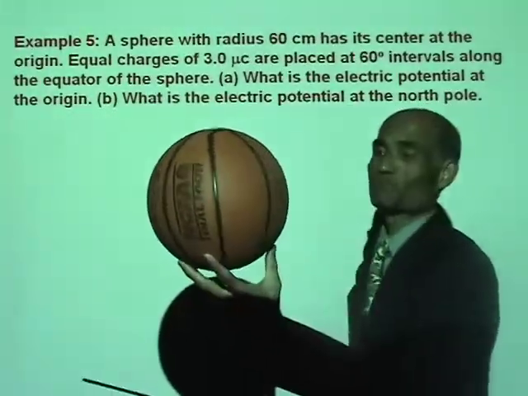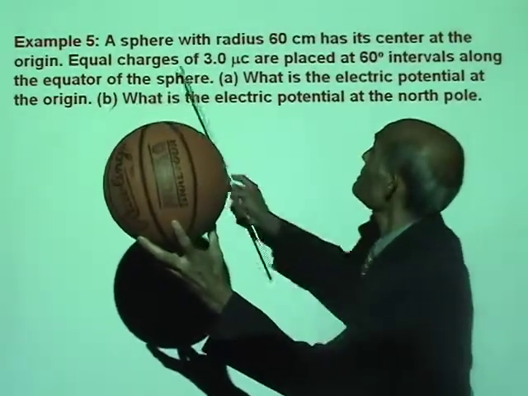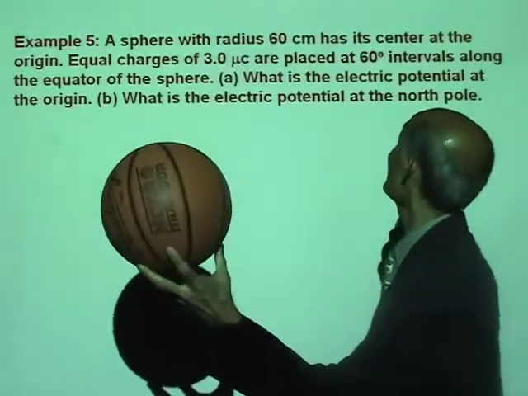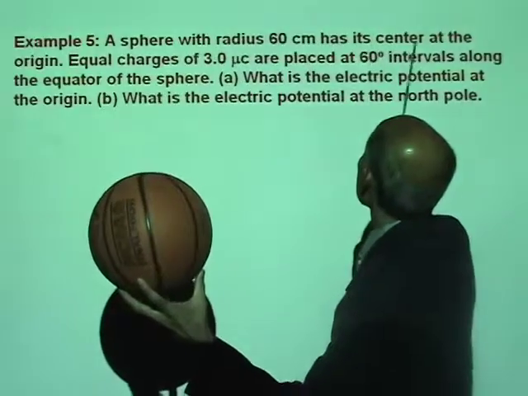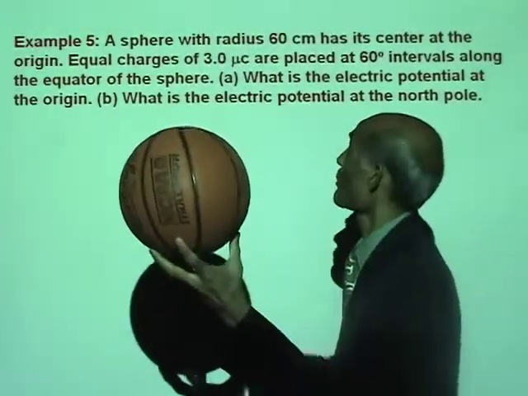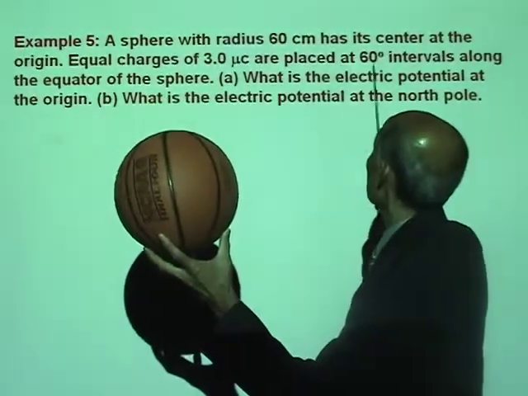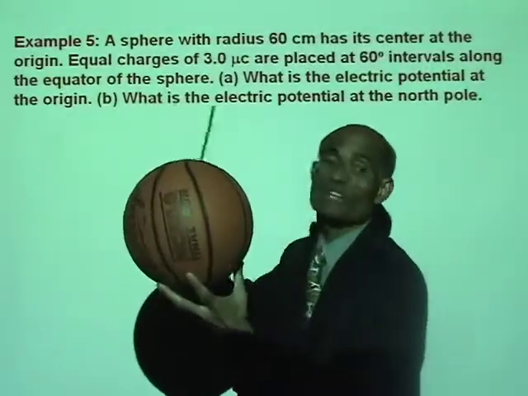Well, here you have a sphere with the radius of 60 centimeter and its center at the origin. The center of the sphere is at the origin. Equal charges of 3 microcoulomb are placed at 60 degrees interval along the equator.